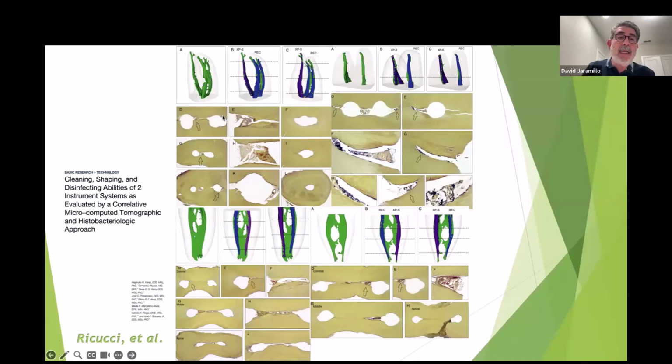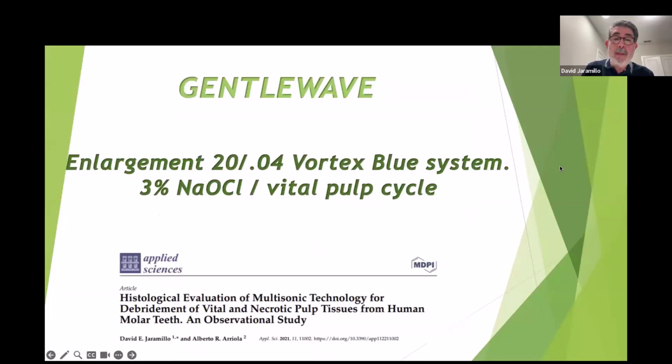It doesn't matter. And it makes no sense to enlarge more because you're enlarging in this direction, not in this direction, right? So that's their philosophy, as we can see here also. See, the transportation is going this way, not into the isthmus. So basically, you are doing nothing.